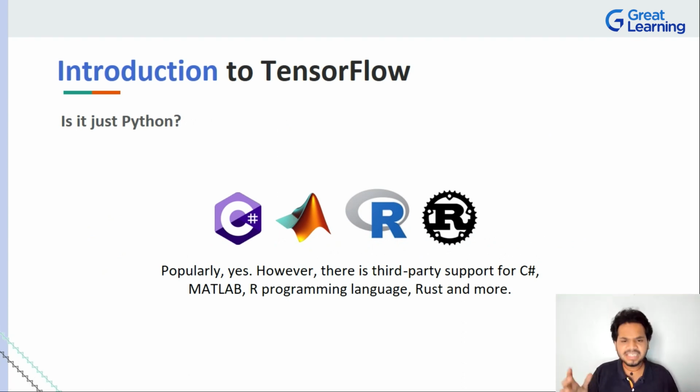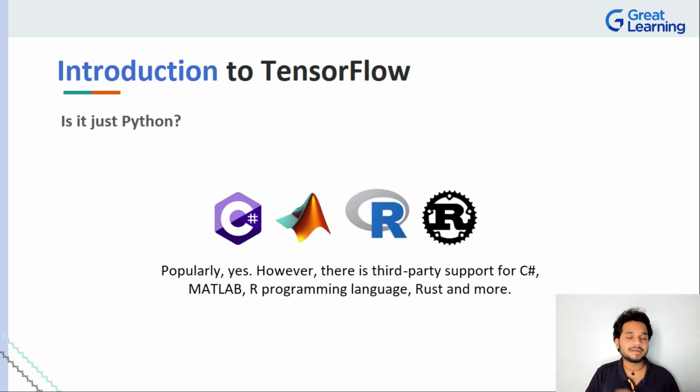Of course, it is built to be used with Python, right? There are many reasons why TensorFlow would want to work really well with Python, because of how Python works in its fundamental sense, and TensorFlow was made to talk with a popular language, right? It was built with a purpose to make sure it is as effective and efficient when speaking to Python. But this does not mean that it will not work with other programming languages, right?